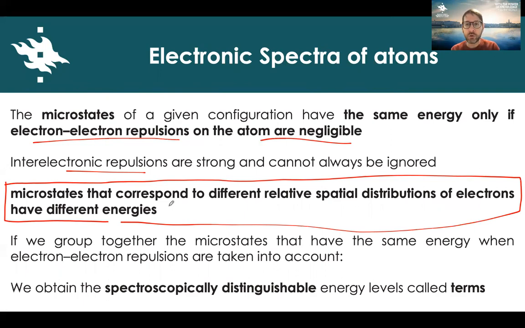When we group together the microstates that have the same energy, after considering this effect of electron-electron repulsion, we have what we call terms, or energy levels, that are distinguishable spectroscopically.